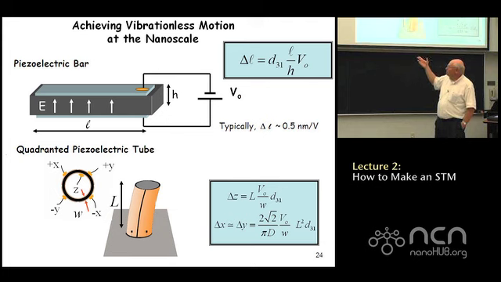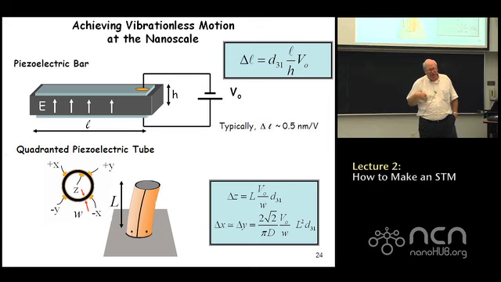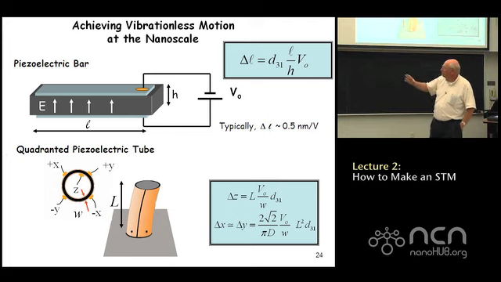These piezoelectric bars were quickly replaced by these quadranted piezoelectric tubes. These piezoelectric tubes are probably used in 90% of all the microscopes that you'll find on the market today, right? So the scanning capabilities of the microscope are achieved by putting voltages on various quadrants of this piezoelectric tube.